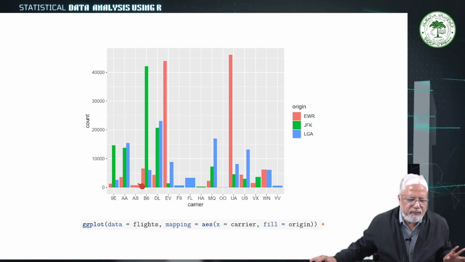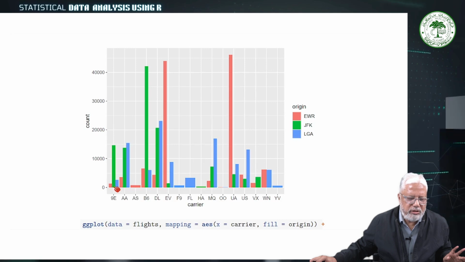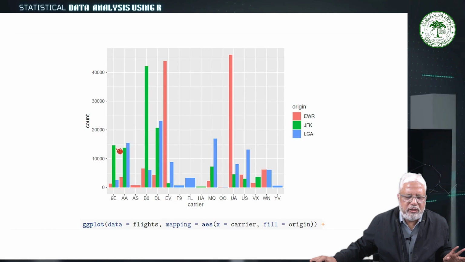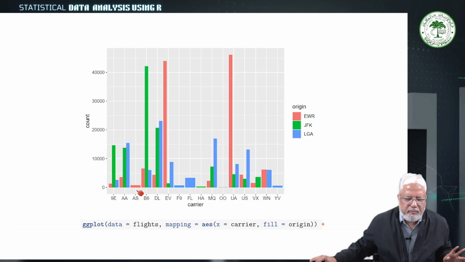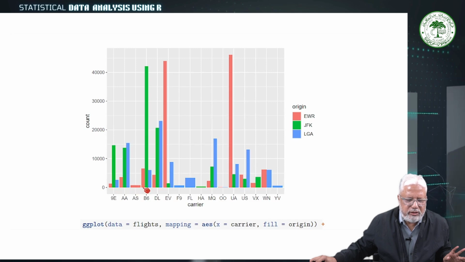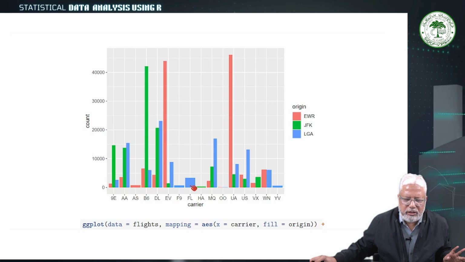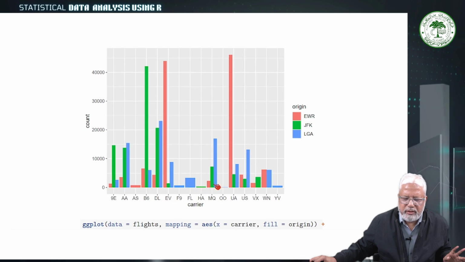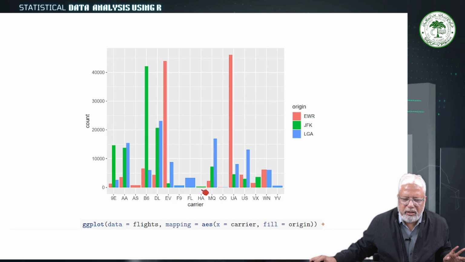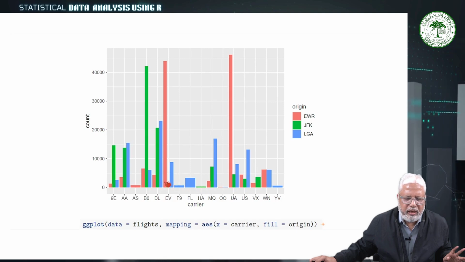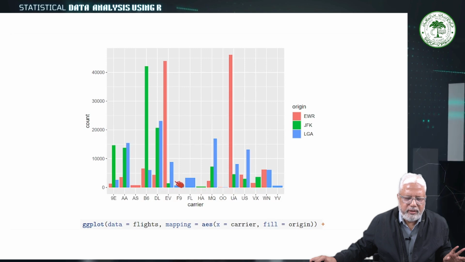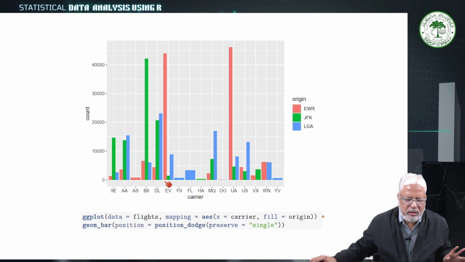Similarly, LaGuardia flights are fewer. So, these two have fewer flights, whereas from John F. Kennedy there are more flights. But here you see the thickness varies.